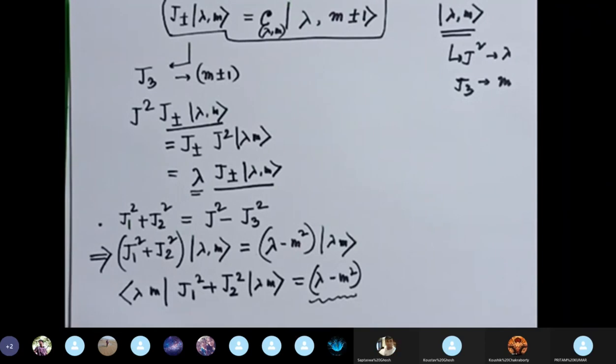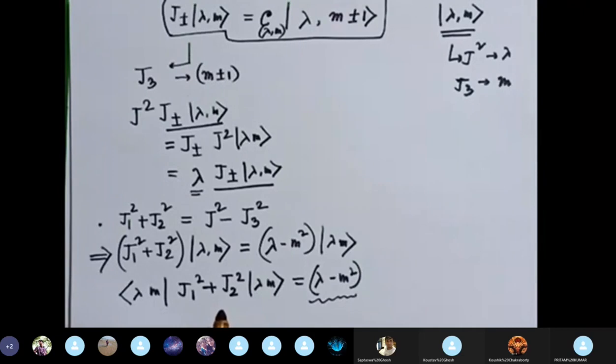J1 square and J2 square are positive operators, their eigenvalues are positive. But their sum, is it also positive? No, they are operators. J1 and J2 do not commute, so they do not have common eigenstates. So you can't give that argument.